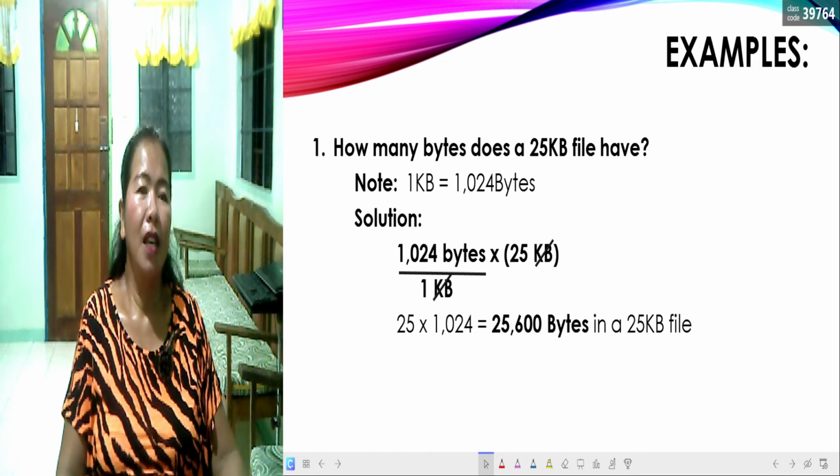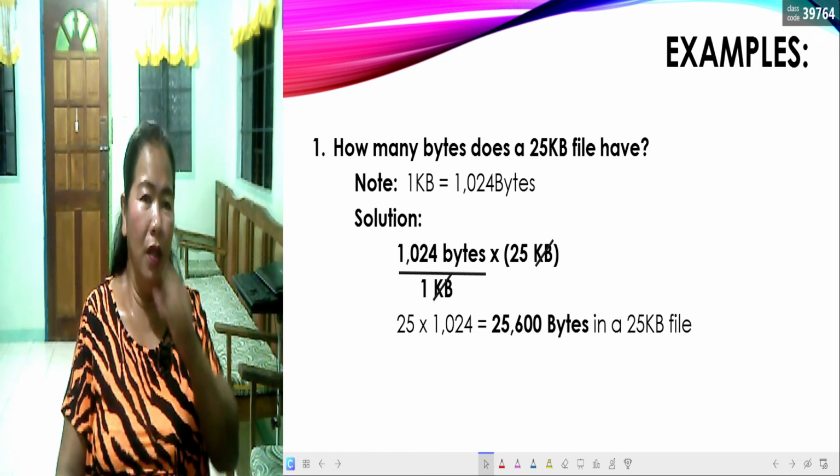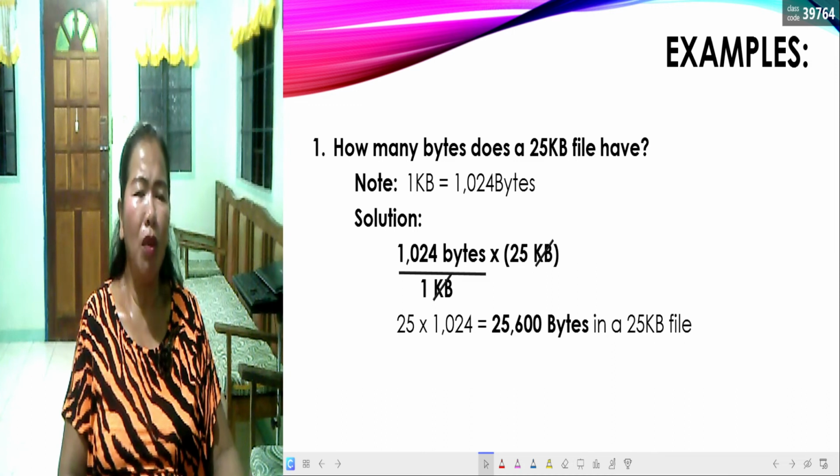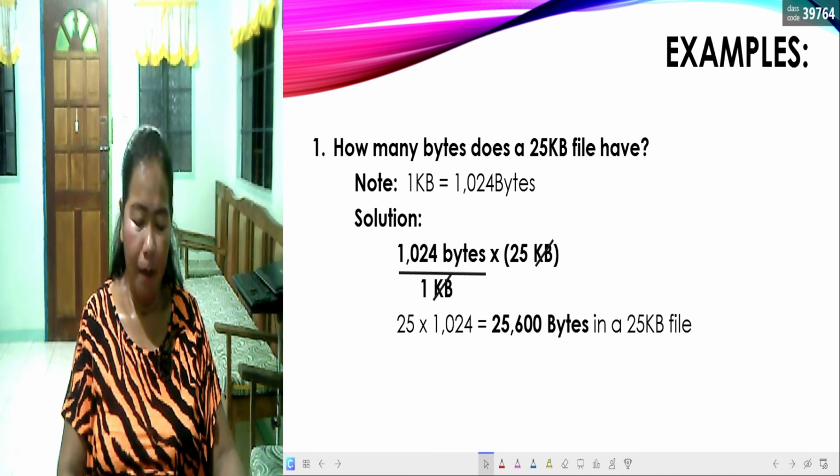Then multiplied by 25 kilobytes, because the question is how many bytes does a 25 kilobyte file have? If you have noticed, the kilobyte unit is cancelled. Therefore, the remaining unit is only bytes. So 1024 bytes times 25, that is 25,600 bytes in a 25 kilobyte file.